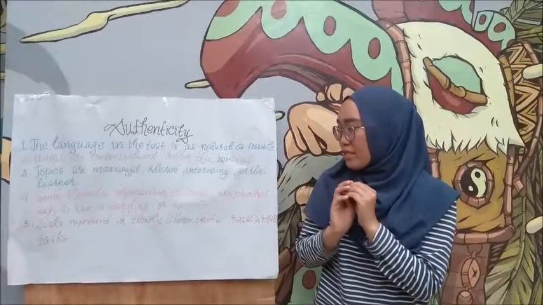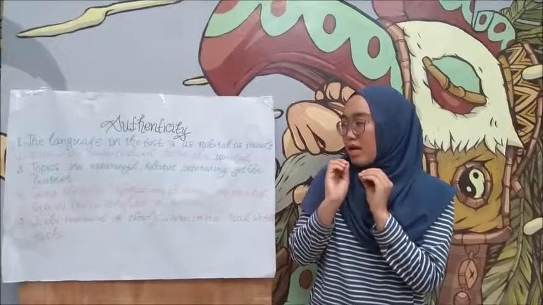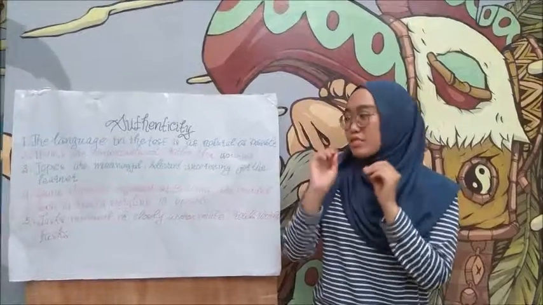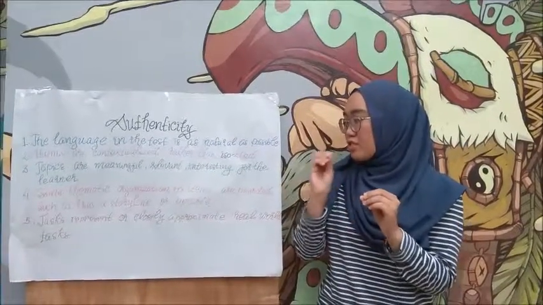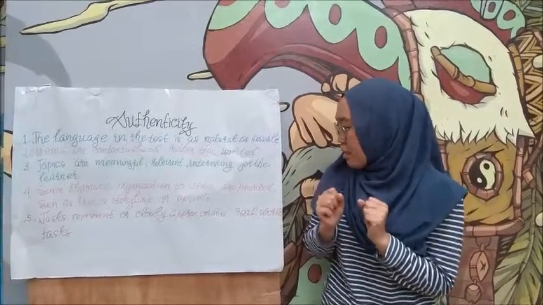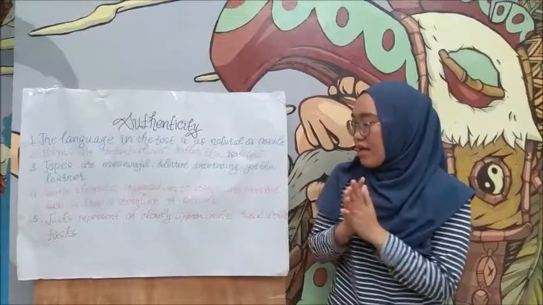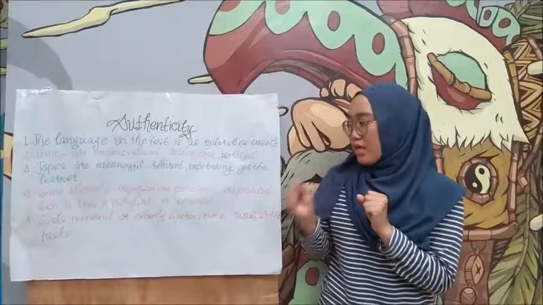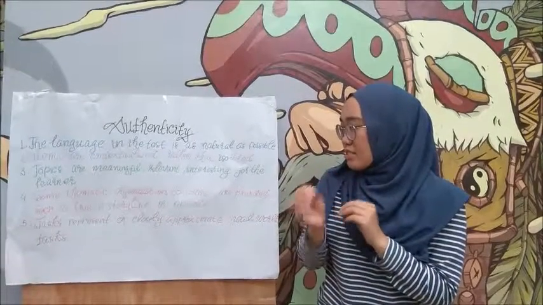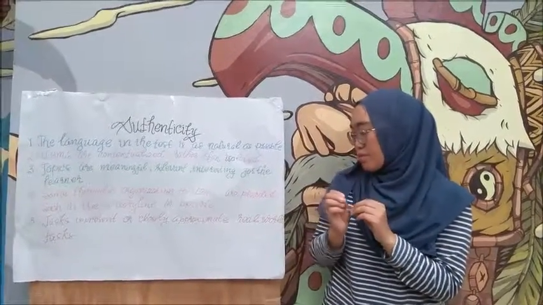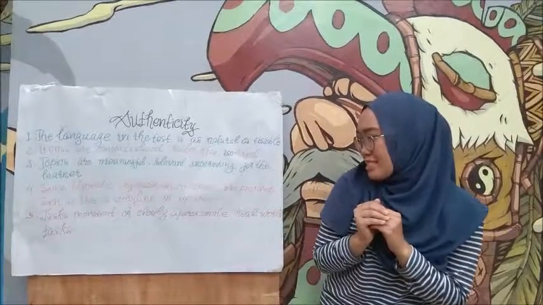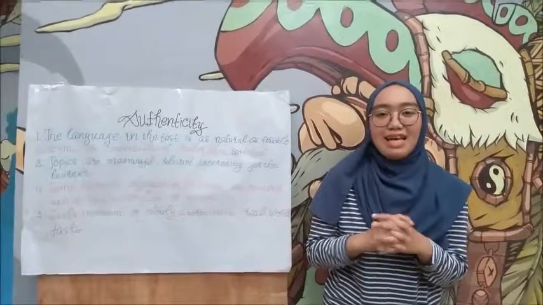The fourth one, it has to include some thematic organization in the items, such as a storyline or episode. And the fifth one, the task closely approximates a real-life situation task. That is all from me.